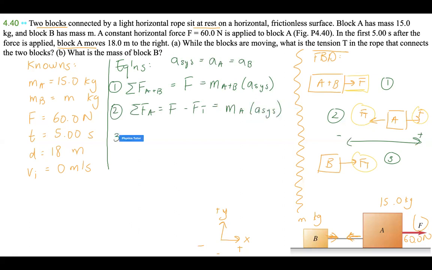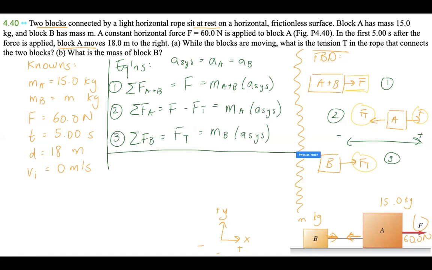And then for 3, all the forces that are on B, that's just Ft. That means Ft is the mass of B times the acceleration of the system. Awesome. Those are all of our equations.